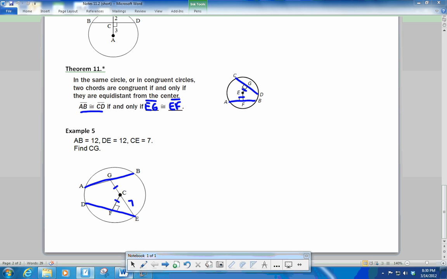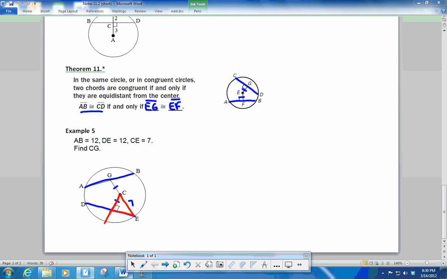So let's find CF. Why should I find CF? Because for one thing, I have CE. That might help me. And for another thing, I also have FE, if you caught it. It says that DE is 12, and I see that this FC is a radius, right? It will be a radius if I extend it.